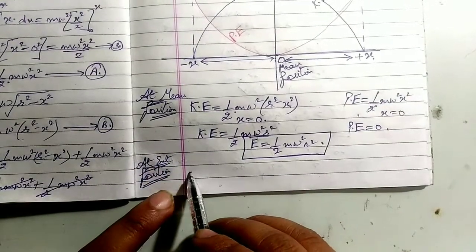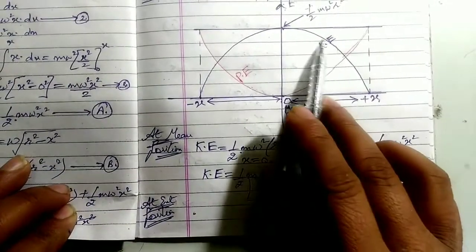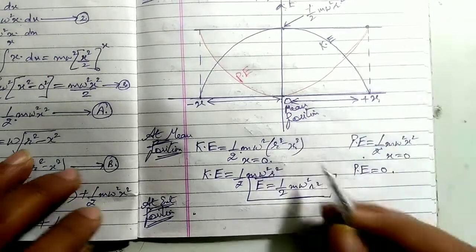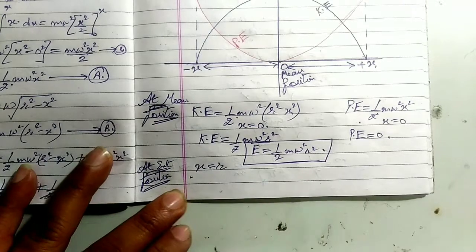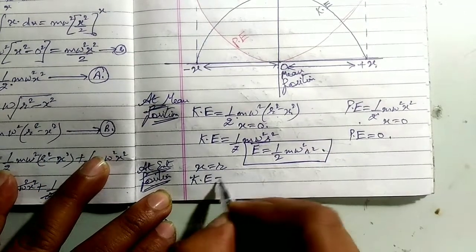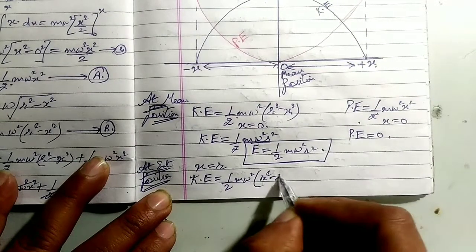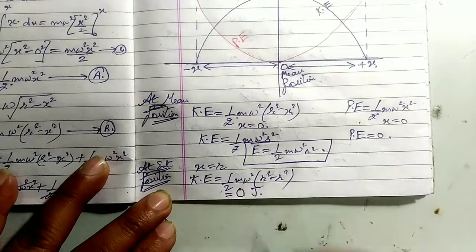Second case, at the extreme position. This is the extreme position. Here the kinetic energy is 0, but we are getting potential energy here. It means we have to put r is equal to x, or x is equal to r here. So we are getting KE is equal to half m omega square (r square minus r square), that is, x square minus x square, means KE is 0 joules.